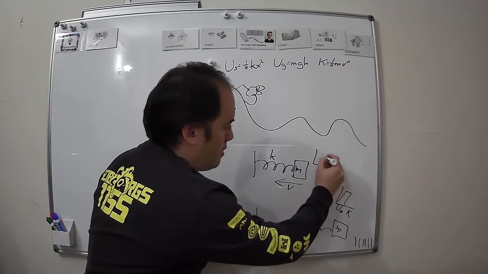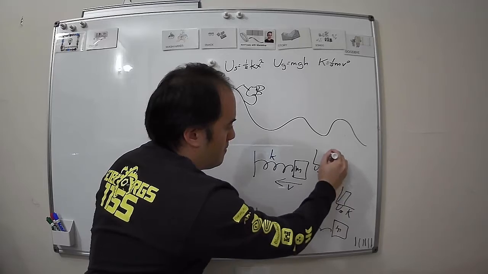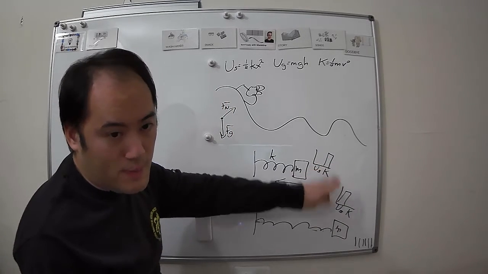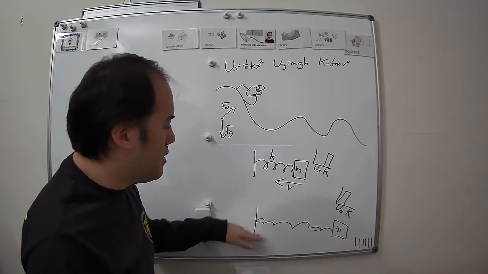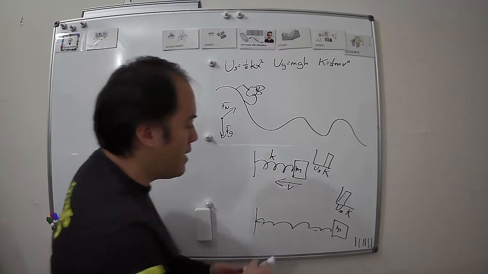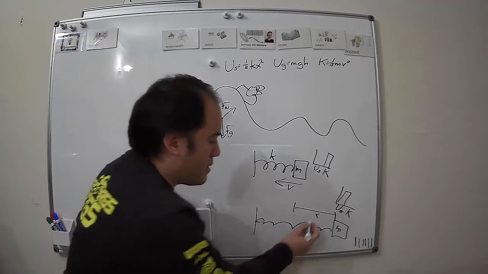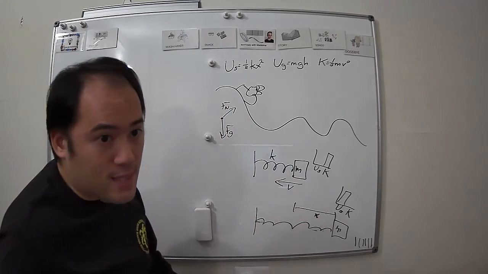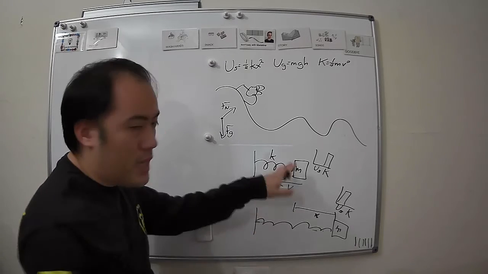I'll have no Us, lots of K. Or it could be in the middle, and I could have some of both. But no matter where the spring is, 1/2 mv squared plus 1/2 kx squared should be constant if there's no work being done on the mass and spring system. If there is work done by friction, they would not be equal.